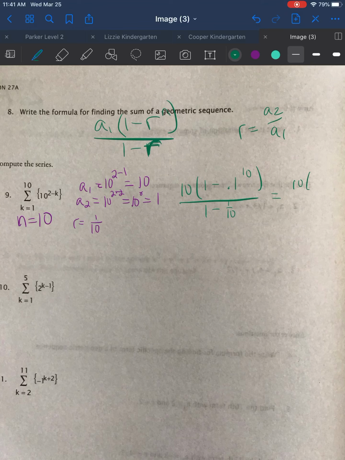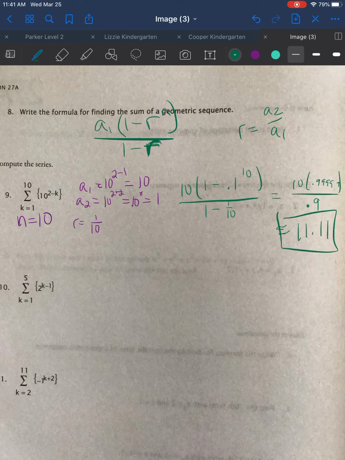So on top we've got 10 times 0.9999999, you get the gist, all over 1 minus 1/10, or 1 minus 0.1, which is 0.9. Then you can type this into your calculator: 10 times 0.9999999999 divided by 0.9. You end up with an answer of approximately 11.11.